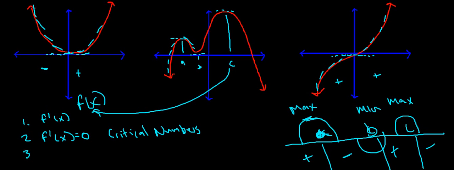And if I wanted to know if it was an absolute maximum or minimum value, then I would have to test all of the maximum and minimum values, find out what their y values are, and if it's a closed interval, like from A to B, then I would test the endpoints, find out what those y values were, and see which one was the highest or the lowest if I'm looking for a maximum or a minimum value.